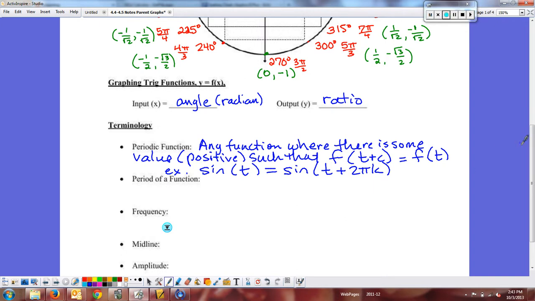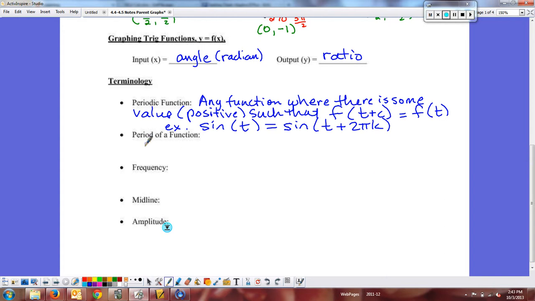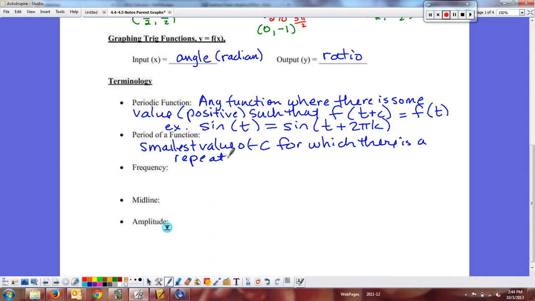And then we start talking about the period of the function. And the period of the function, you can't just say that it's always going to be 2 pi. It is going to be the smallest value of C for which there is a repeating pattern.